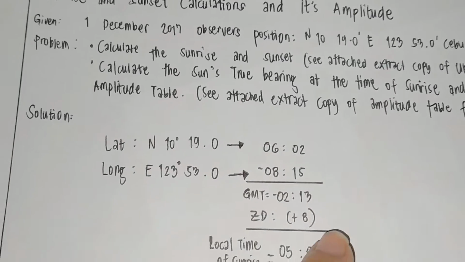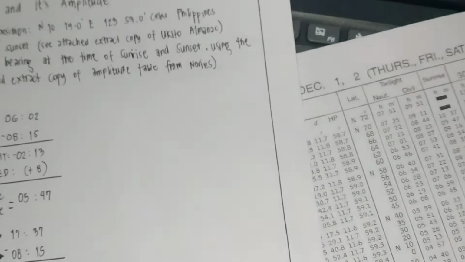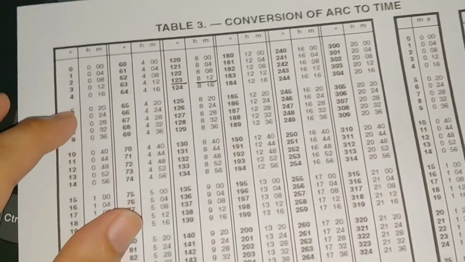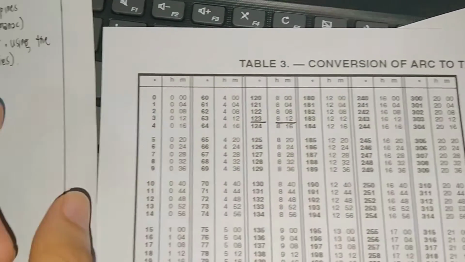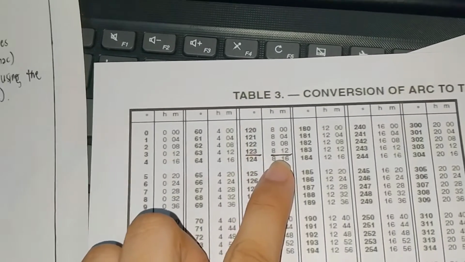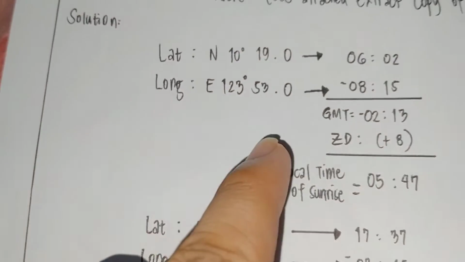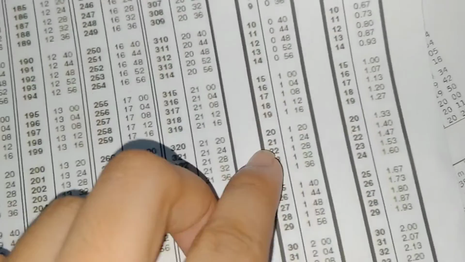So how did we get our 0, 8, and 15? We do have here our conversion of arc to time. Since it is 123, we will locate it in degrees, and we did get 8 hours 12 minutes. But we do have remaining 53.0 minutes, so we will find minutes here.